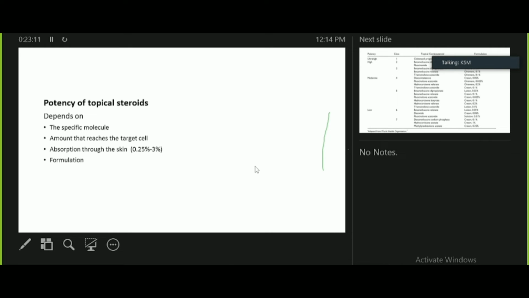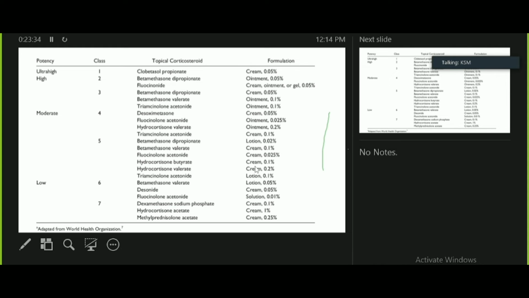But whenever you prescribe a steroid cream, you should have an idea about the potency of the steroid that you are prescribing. So this potency depends on the specific molecule within the cream and amount that reaches the target cell and absorption through the skin, and also the formulation of the topical steroid.